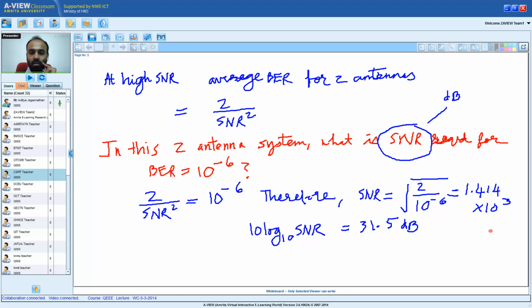Now, to summarize the discussion so far, let us go through the values we computed once. We looked at AWGN. In AWGN, what is the SNR required for 10 to the power of minus 6?